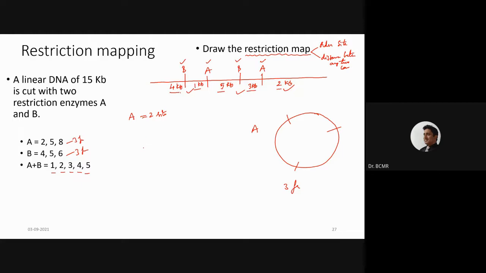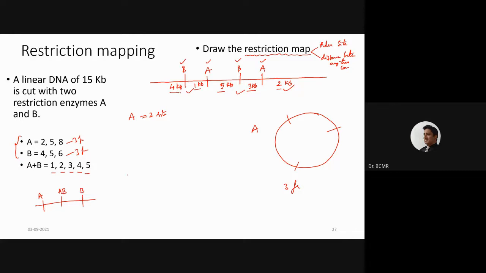One thing when you're solving restriction mapping: when I give you A and B, never take one site for A and B cutting at the same place. Many times over the years, some students will come up with this.